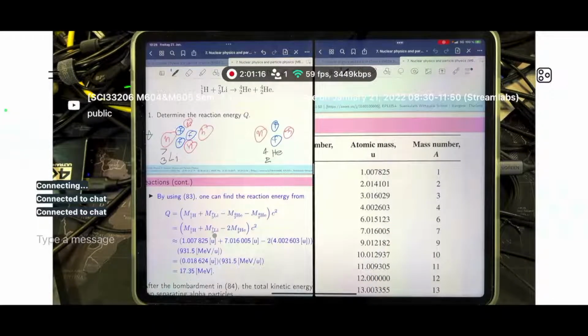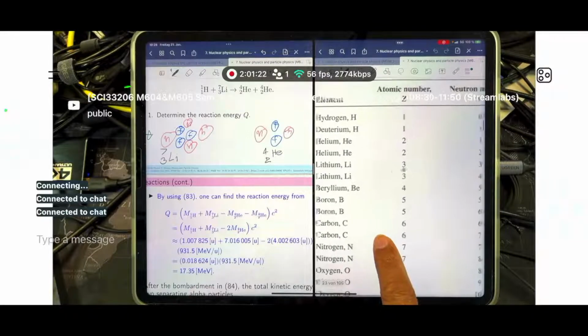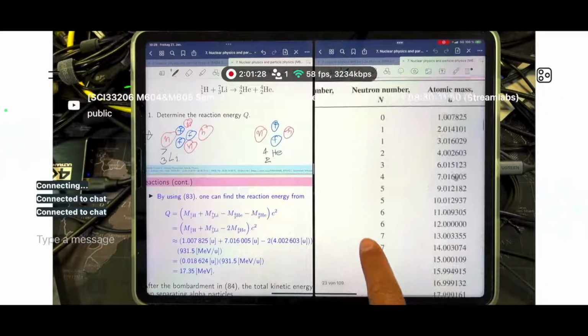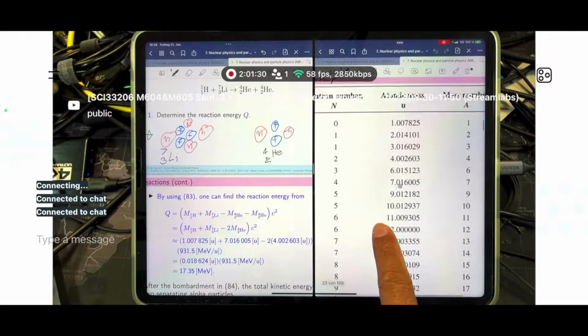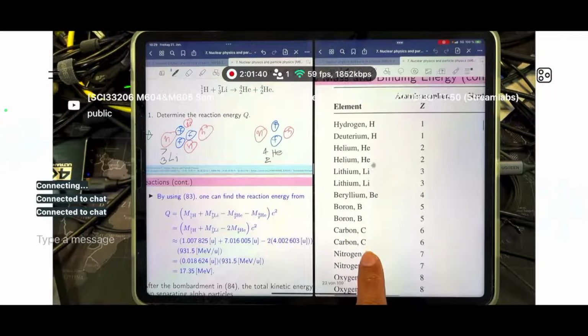And here's the mass of lithium-7-3. Lithium-7 means this one. This is lithium-6-3, lithium-7-3 is this one, and we take 7.016005. Next one is the mass of helium-4-2, which is the alpha particle.